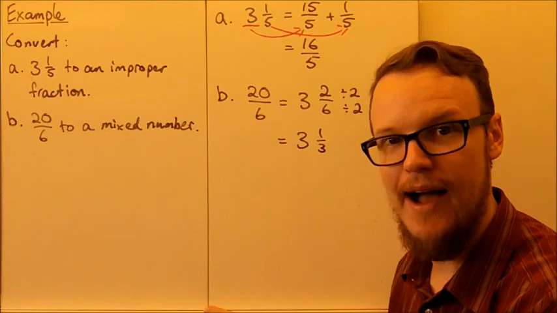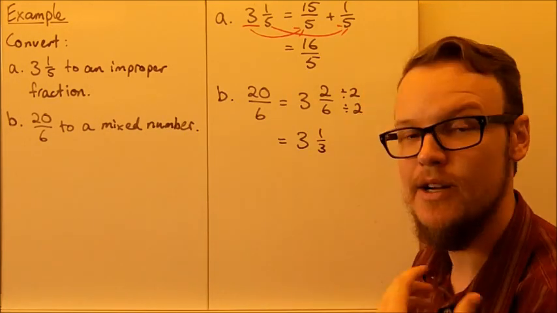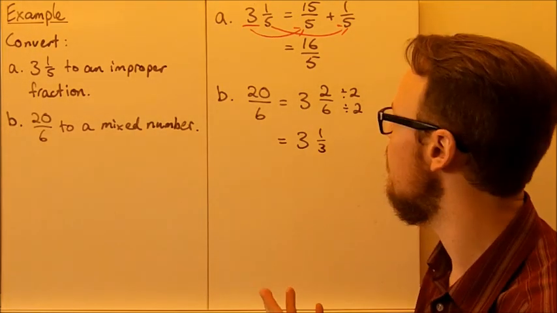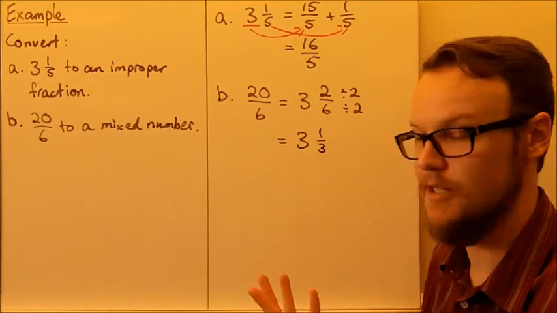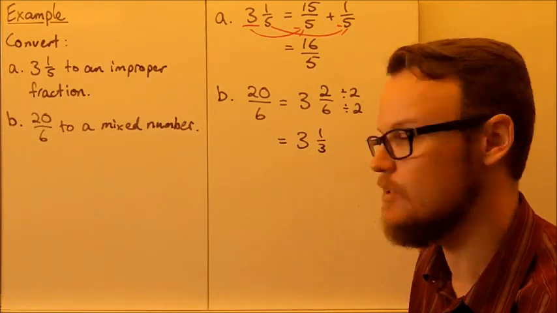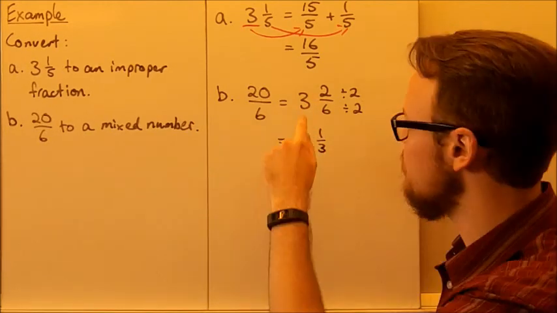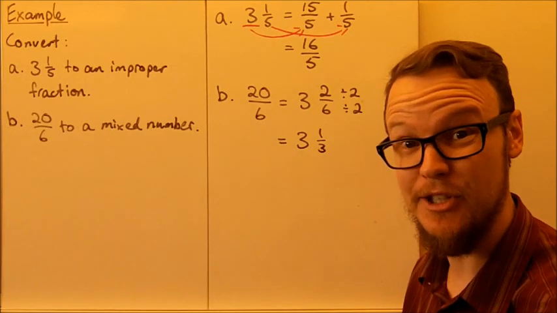Now, when I have any fraction, I need to make sure that I show it in simplest form or in lowest terms, to show that this is the easiest way to express it. I do that by finding the equivalent fraction, and I know that 2 and 6 can both be divided by 2, and I do the same thing to the top and bottom.